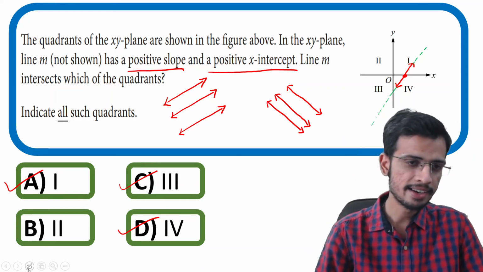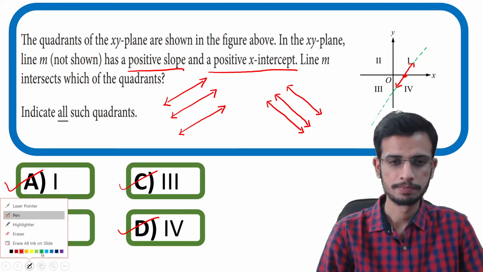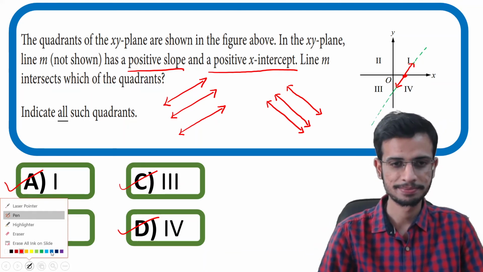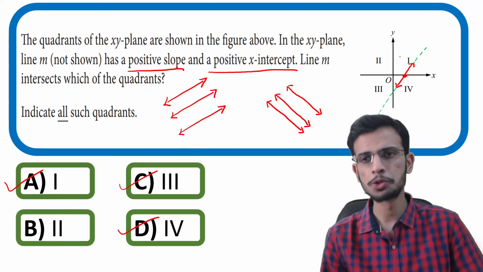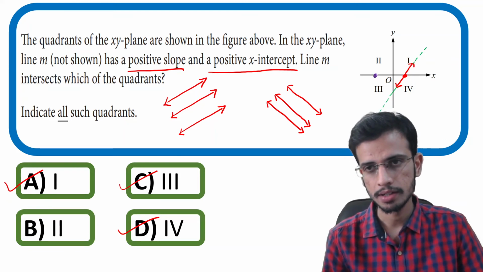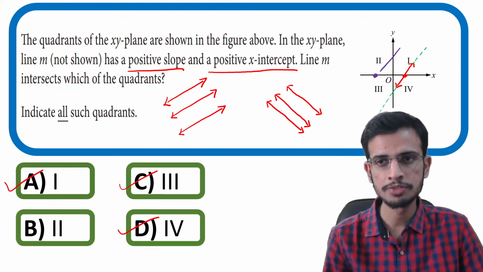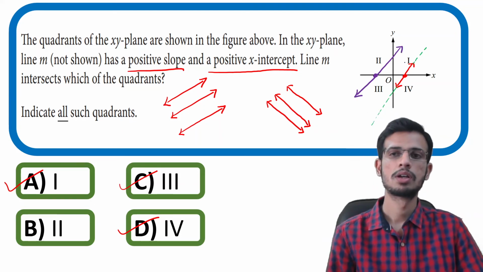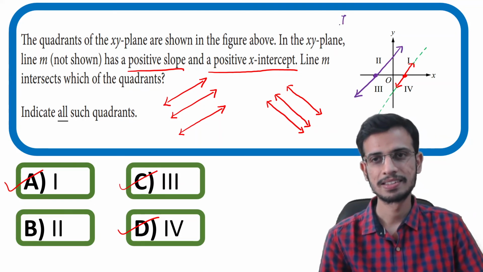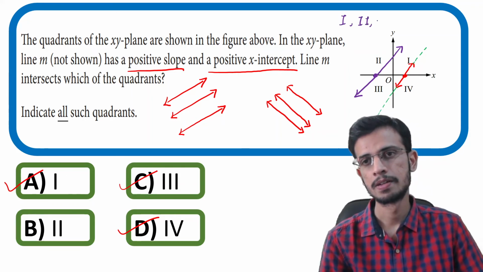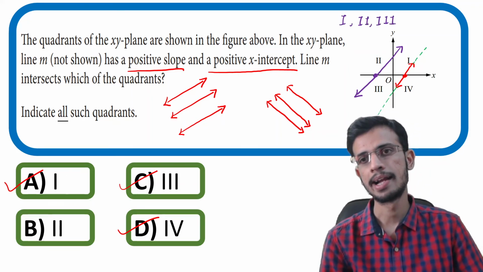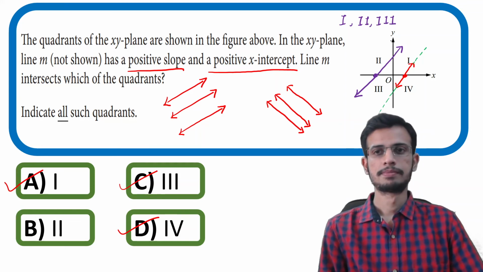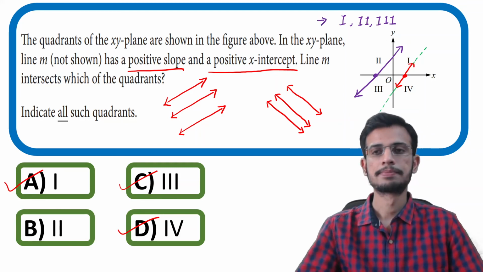If x-intercept is negative, then our line will look like this. Slope is positive. We have to cut on this point, so this will be our line and it will pass through first, second and third quadrant, right?